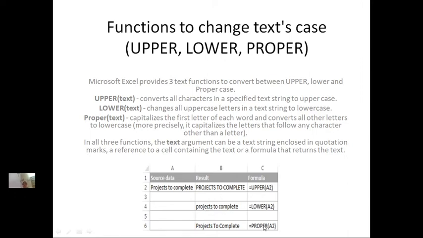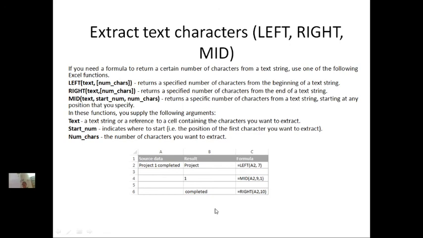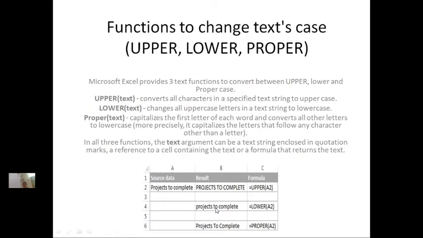Now here, the next function is PROPER. PROPER of A2, equal to PROPER of A2, means what is it doing here? The main use of the PROPER function is that it converts the first letter of the text into capital letters, and it includes the spaces between the string.